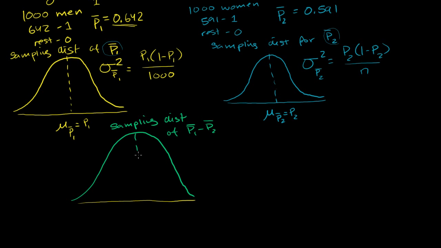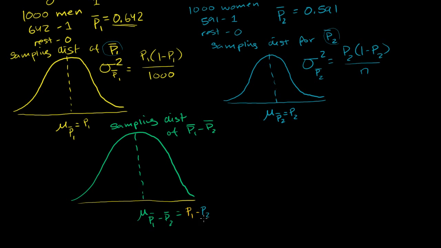And so it has some mean over here, the mean of the sample proportion of P1 minus the sample proportion of P2. And we know from things that we've done in the last several videos that this is going to be the exact same thing as this mean minus this mean, which is the exact same thing as P1 minus P2. So this is going to be equal to P1 minus P2.